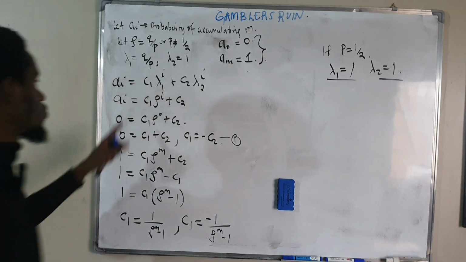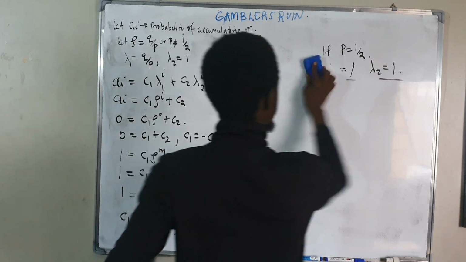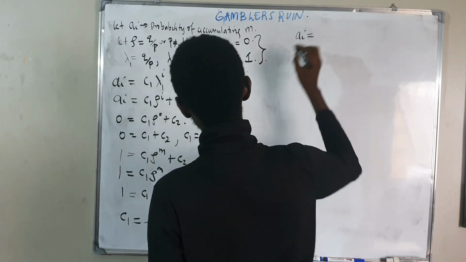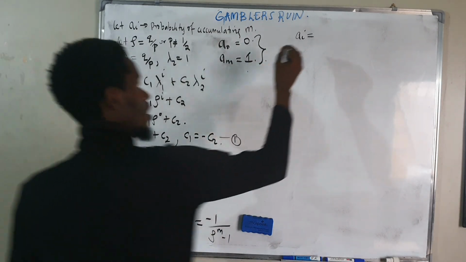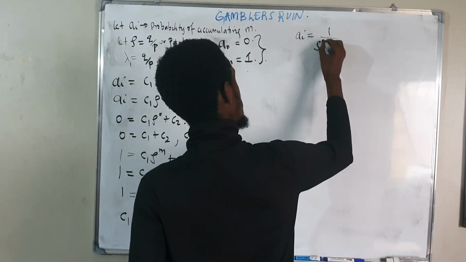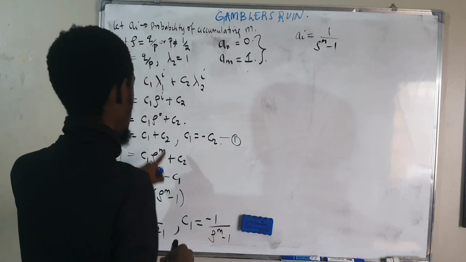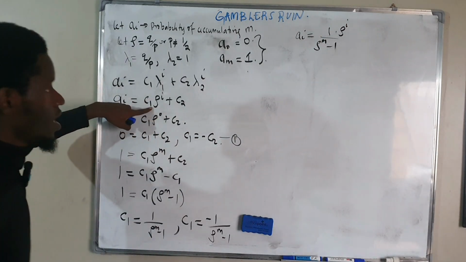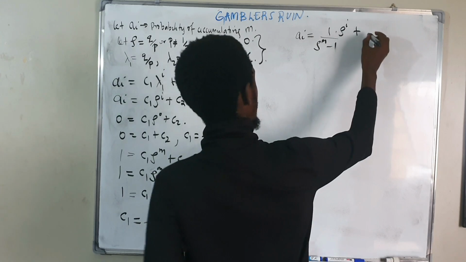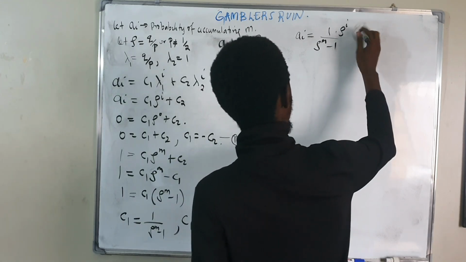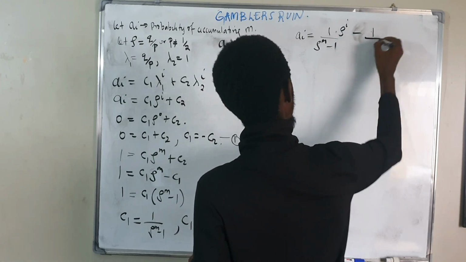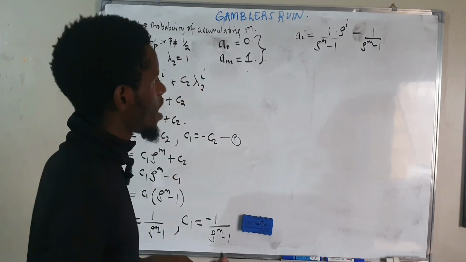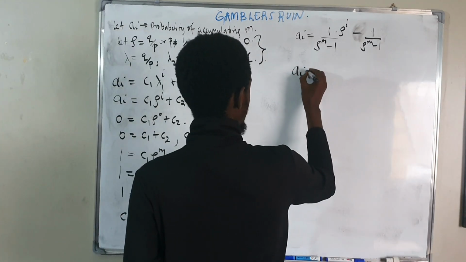And therefore, I'll be able to find my AI. My AI will be C1, which is 1 out of rho M minus 1, times rho to the power I, plus C2, which is minus 1 out of rho M minus 1. And that is the AI I have. But now I want to make AI in this format.